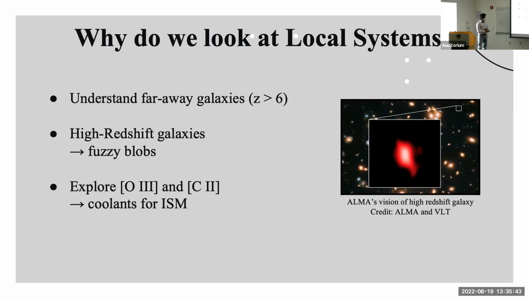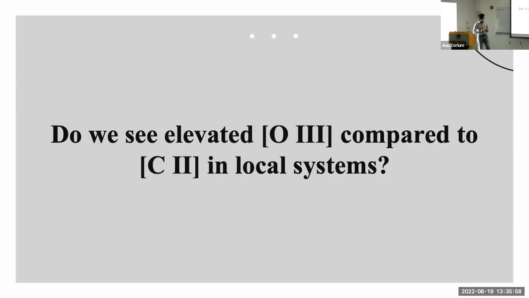Another reason we explore O3 and C2 is because they are the coolant gas produced during star formation, and it helps in radiating energy from the interstellar medium and makes it cool in order to support the star formation.